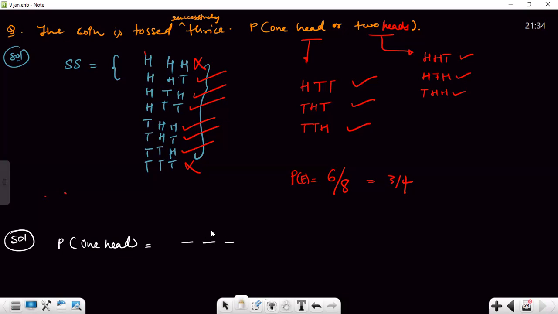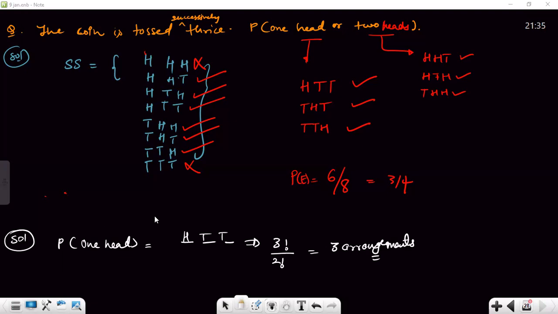Other than that, there have to be tails. So by writing one head, I know there will be two tails, and the total number of arrangements will be 3 factorial divided by 2 factorial because of the repetition of tails. So that makes it 3 arrangements.